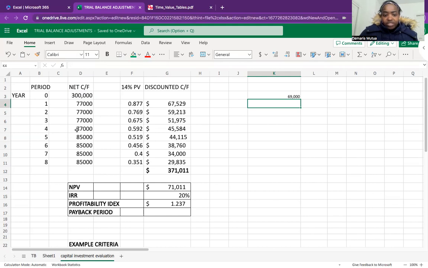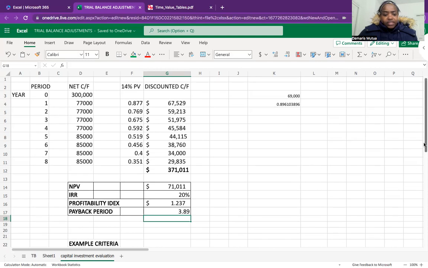The fourth year is 77, so you get the 69 to find the proportion of a year that you'll be able to recover the 77 in year 4. So it is 3 years, 0.89. You are able to recover the initial investment.